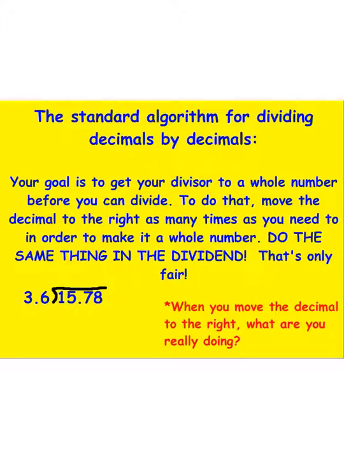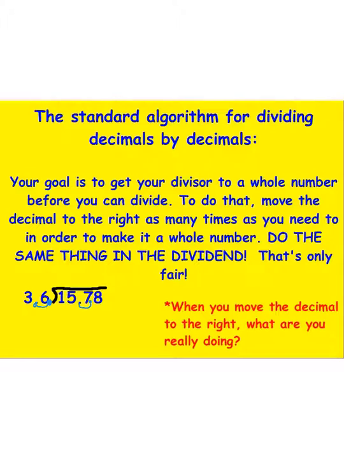That's only fair. So this particular problem here on this page, 15 and 78/100ths divided by 3 and 6/10ths. Before I could even begin to divide this problem, I would need to take the decimal in the divisor and move it one place to the right, and do the same thing in the dividend. So in the divisor, I moved it one place to the right.